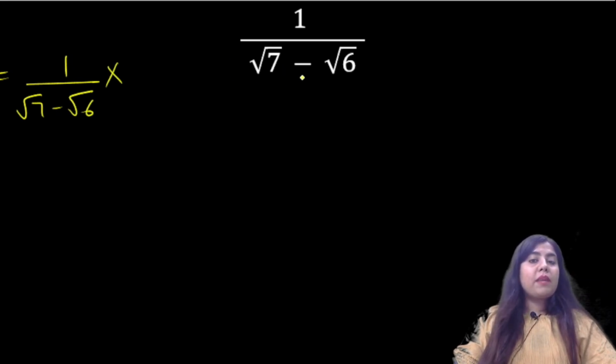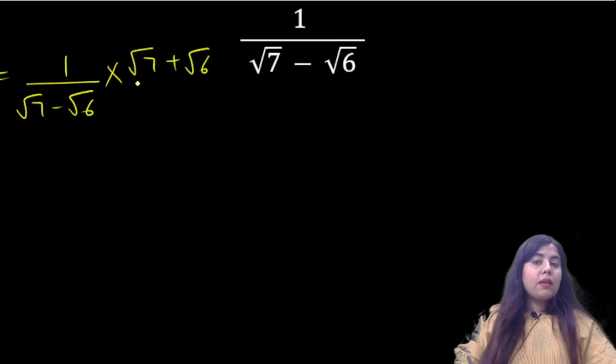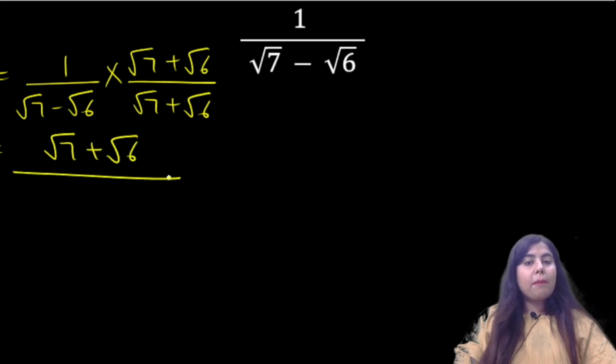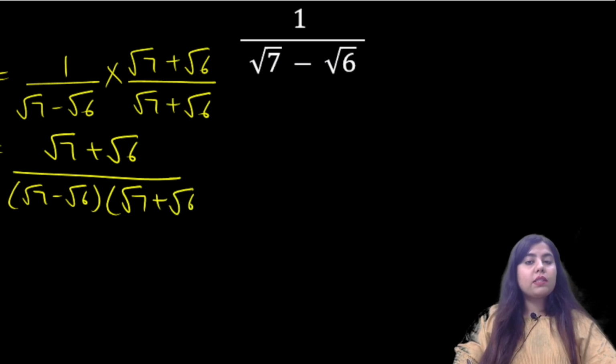So we will multiply it by root 7 plus root 6 by root 7 plus root 6. Now in numerator we get 1 multiplied root 7 plus root 6 means root 7 plus root 6 as it is by root 7 minus root 6 into root 7 plus root 6.